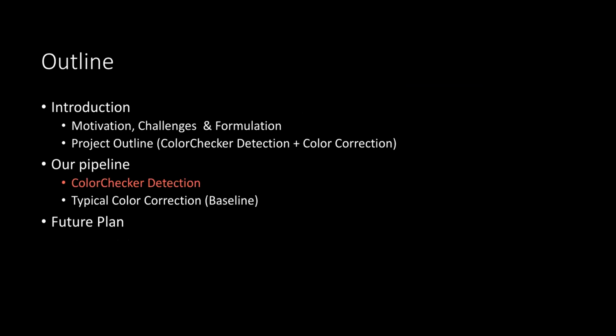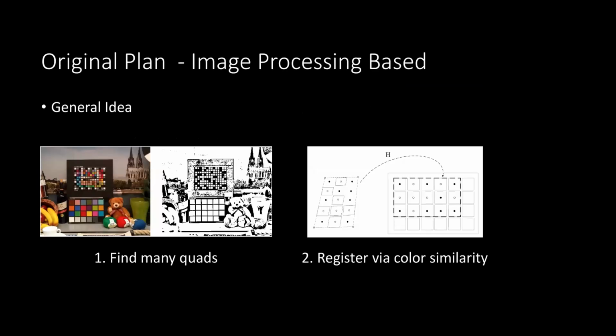The first part is the color checker detection, which I just mentioned. Existing color checker detection methods are based on traditional image processing approaches. The general idea is that we first find as many quadrilaterals as possible and then do the registration with color similarity.